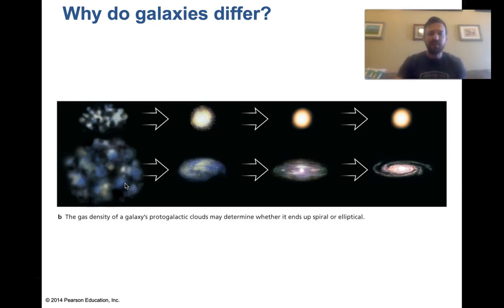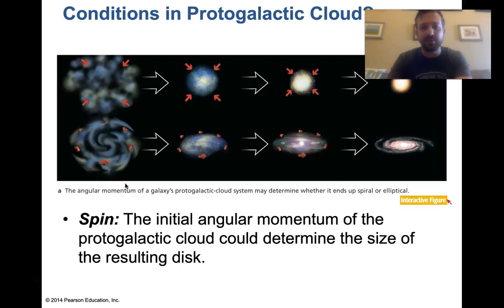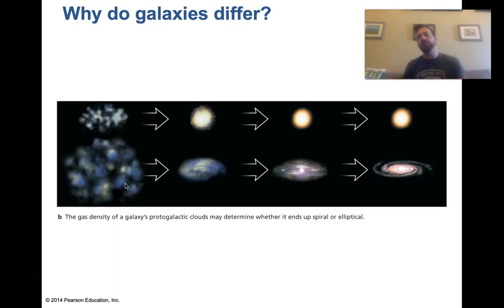Yeah. Now, what we think might be different about the ellipticals is that, and here I'll explain it on this, and then I'll go forward to slides. What we think might be different with ellipticals is that maybe the gas clouds are more dense together, and so instead of gas spinning and angular momentum beginning to flatten out the gases, and then star formation occurs, we're thinking maybe the gas cloud is so dense that it creates all the stars at the beginning before it can spin and flatten it out.